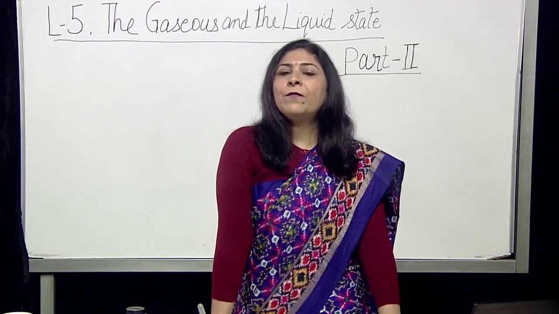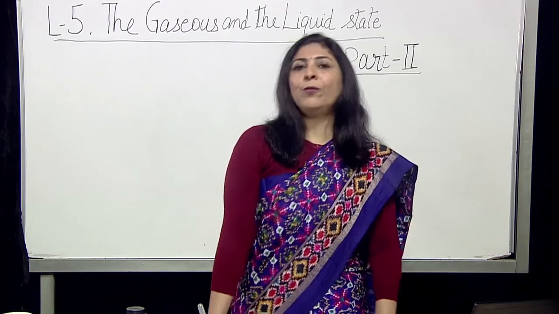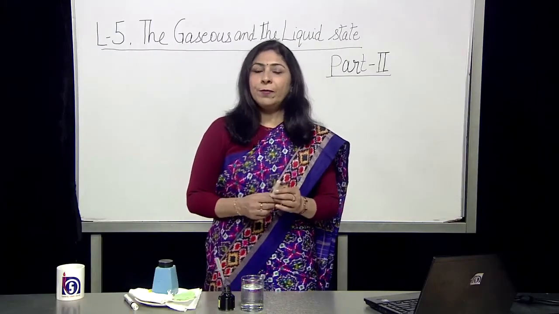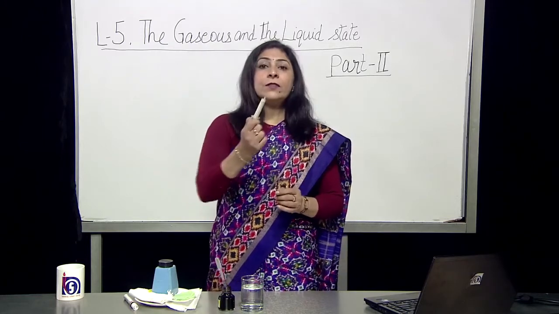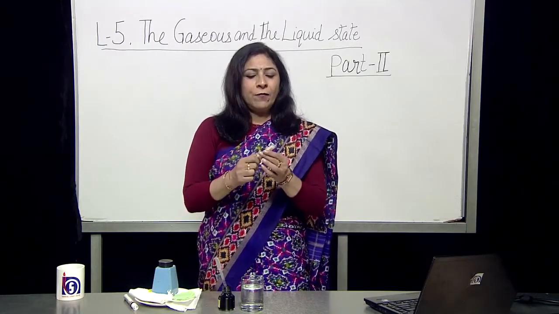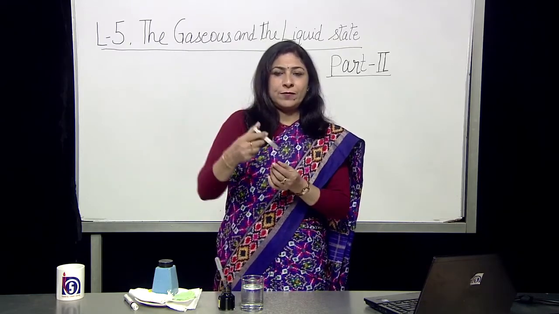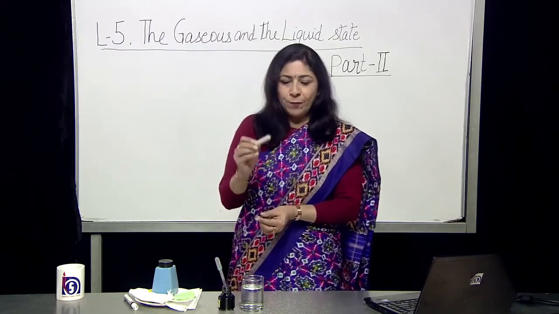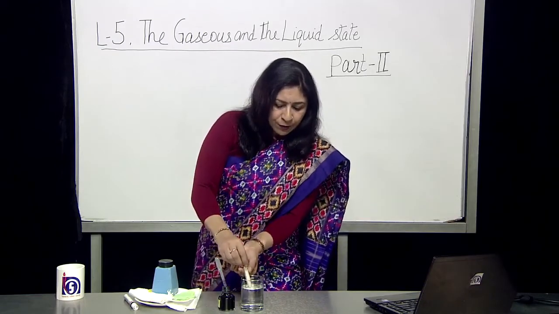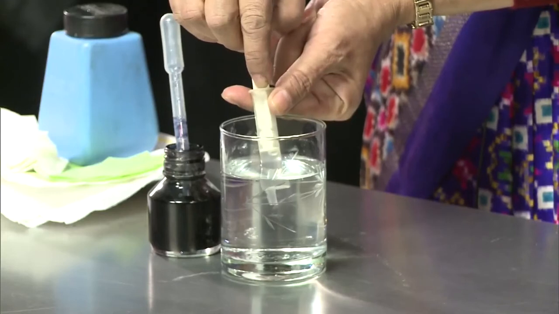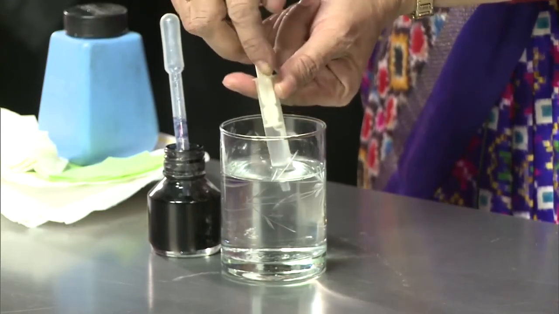Now, let us do one activity to make it more clear. When we discussed gas, I showed you this syringe, and you noticed that it was highly compressible. Now we will check with the liquid. We have taken the water and we will fill the water in this.